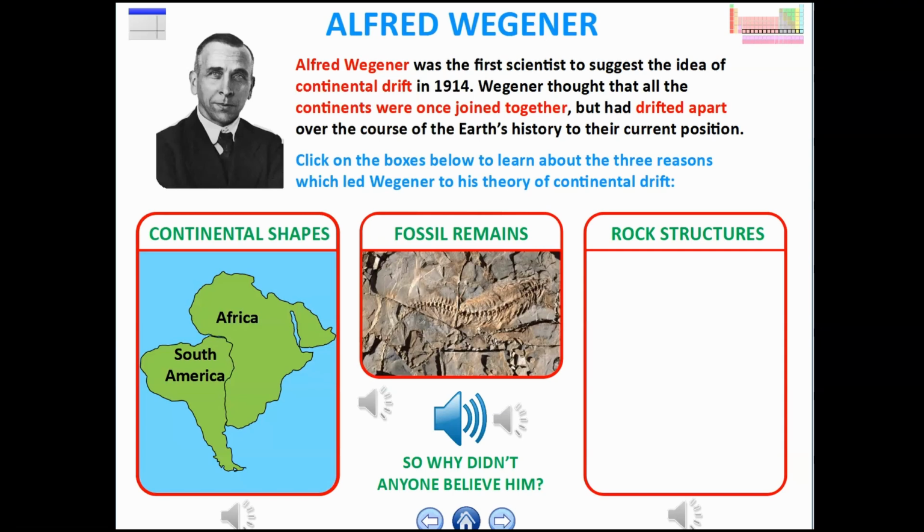Now, where we find similar sorts of animals being fossilized in two different continents, there must have been a particular similarity, because when animals are in isolation, they tend to evolve and be successful in their own environment, and they tend to change over time.